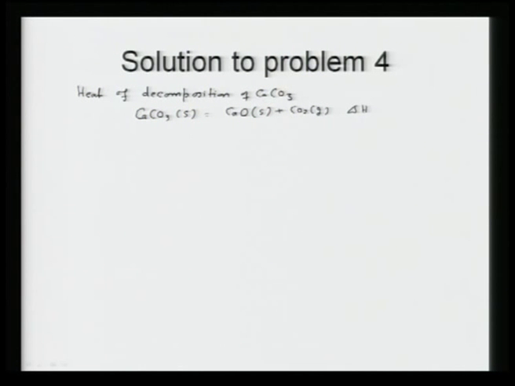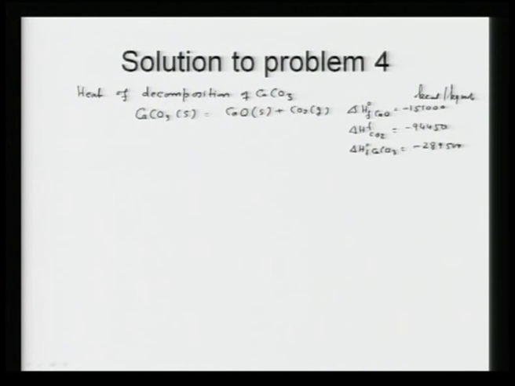So, delta H naught f of CaO at 298 is minus 151,000 kilocalorie per kg mole. Then delta H naught f of CO2 is minus 94,450, and delta H naught f of calcium carbonate is equal to minus 289,500.